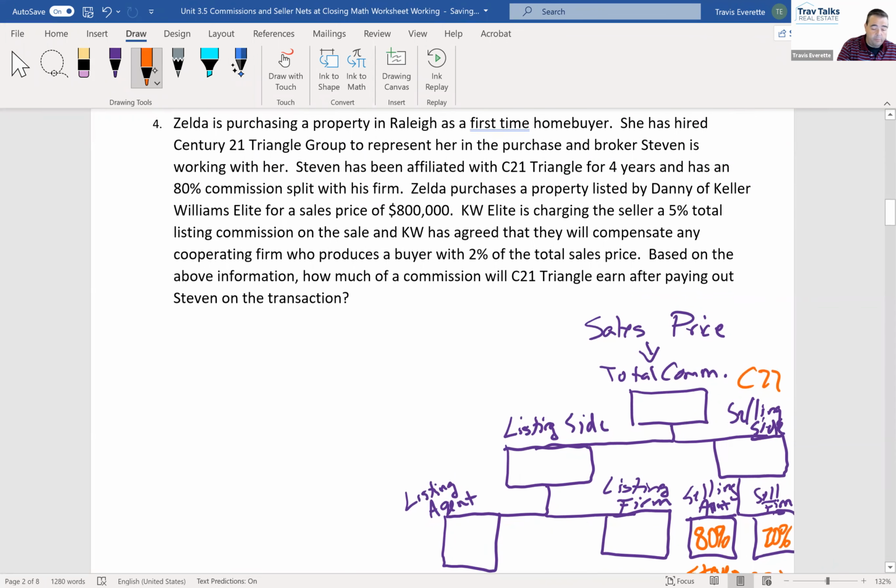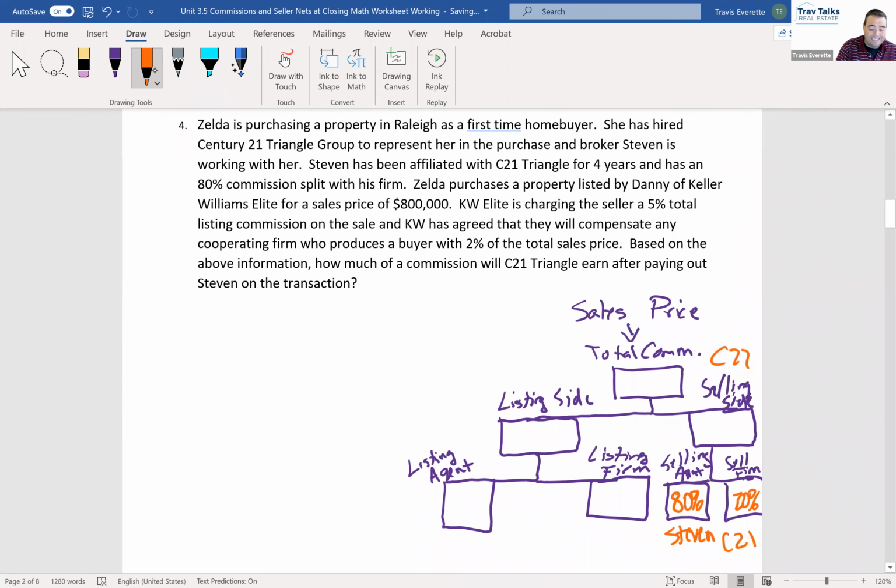It says Zelda purchases a property listed by Danny of Keller Williams Elite. So here we got Danny as our listing agent and Keller Williams Elite as our listing firm for a sales price of $800,000.